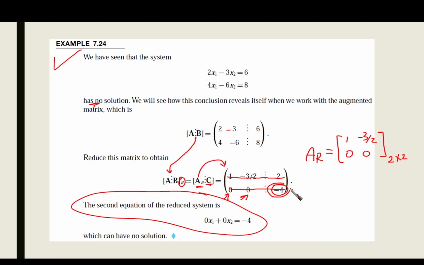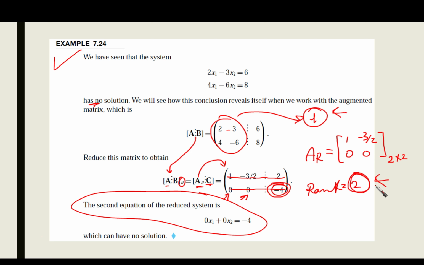So the rank of the augmented matrix is going to be 2. However, the rank of A, the coefficient matrix, is 1. So we have different ranks here. Keep these ranks in your mind now. I'm going to revisit them again.